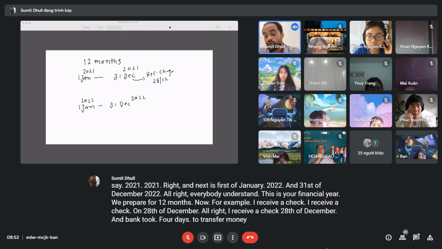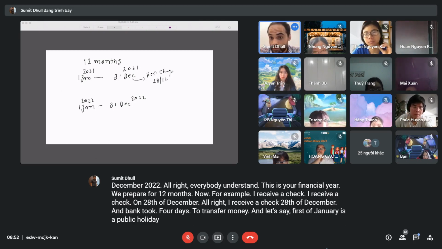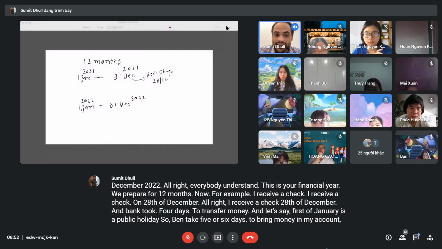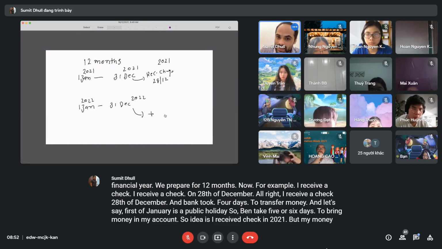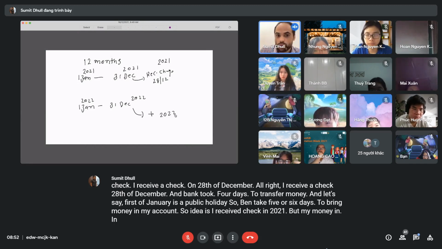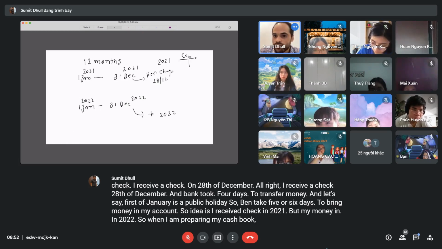And let's say 1st of January is a public holiday. So the bank takes 5 or 6 days to bring the money into my account. So the idea is I receive the check in 2021, but my money comes in 2022. So when I am preparing my cash book for 2021, what do you think?